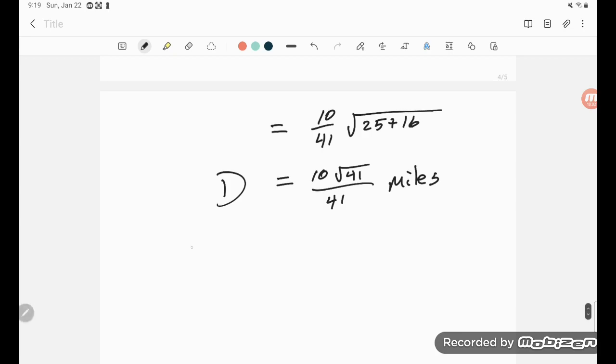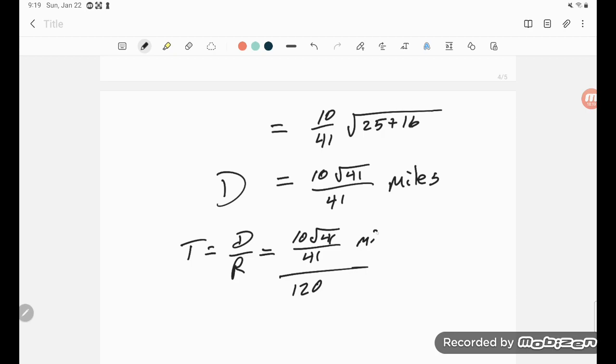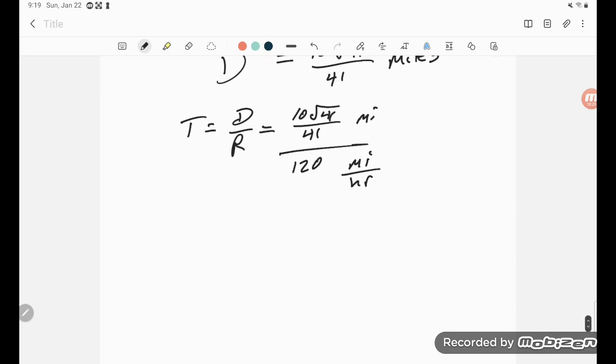And so if we want time, we take our distance over our rate. So we take our 10 times the square root of 41 over 41, all divided by 120. Now to check this, this is miles, and this is miles divided by hours. Well, the fractions would invert and multiply. The 120, we invert and multiply.